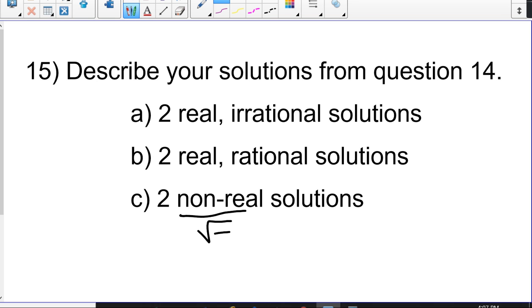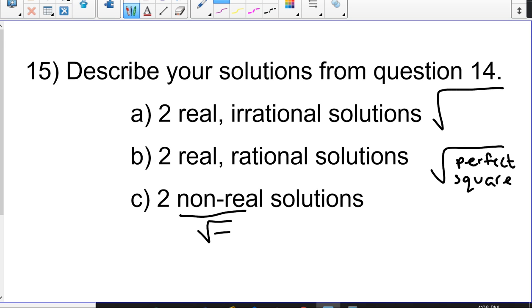A rational solution would be if we got a perfect square inside the radical, because then we get a whole number. That's rational. An irrational solution would be if we got a number that is not a perfect square inside our radical.